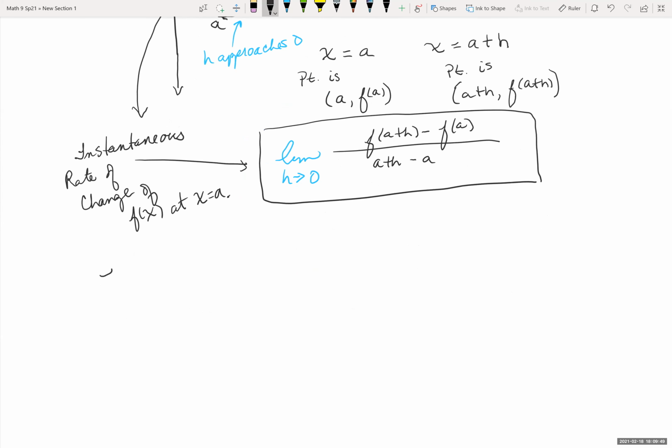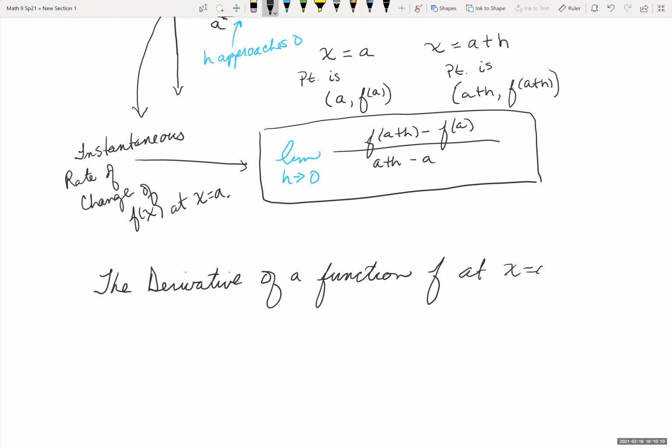Okay, so the derivative of a function f at x equals a is this limit as h goes to 0 of f of a plus h minus f of a all over.